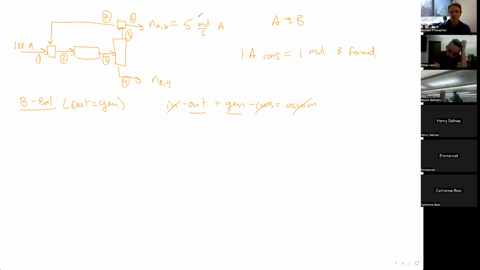We could also do an A balance, but basically if we have 5 A left, we must have produced 95 B. To show that rigorously, we would do an A balance, solve for the rate of consumption of A, and know that 1 consumption of A is 1 formation of B. I can go through that detail if you want, but basically NB4 is equal to 95 moles per second.